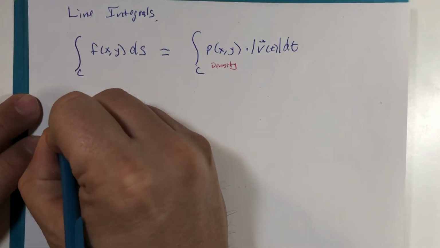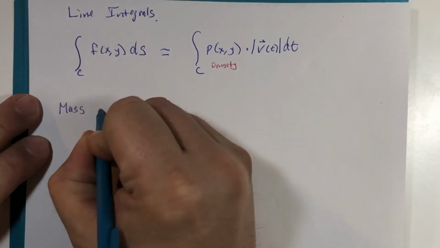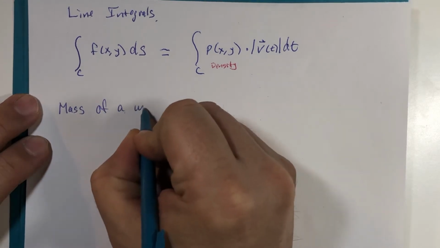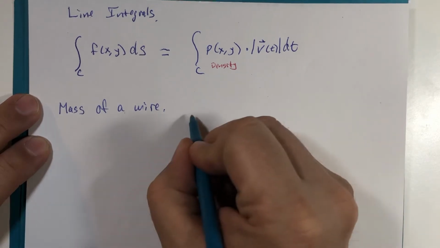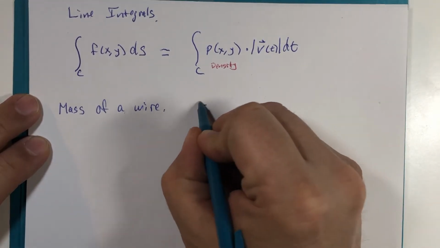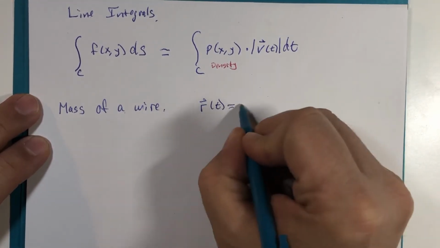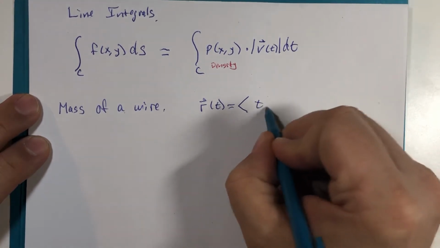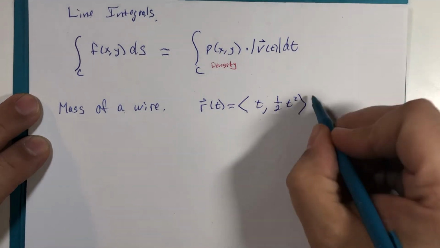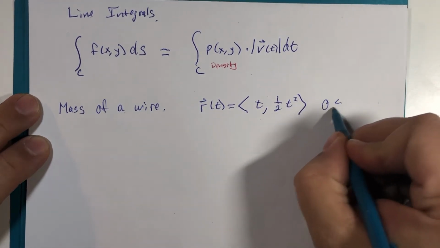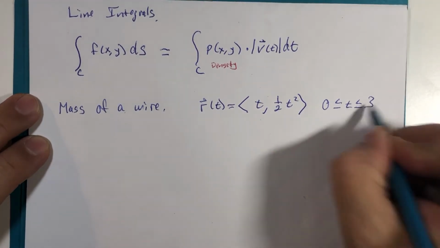We're going to find the mass of a wire, and the curve r of t is t comma 1/2 t squared, and the given time interval is from 0 to 3.